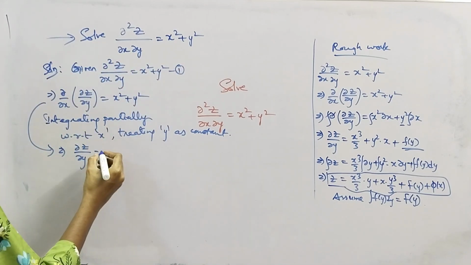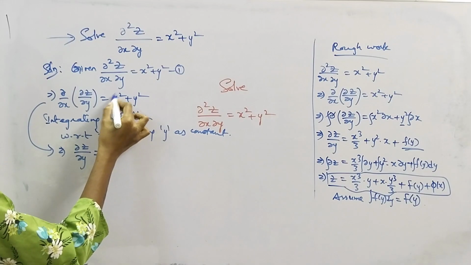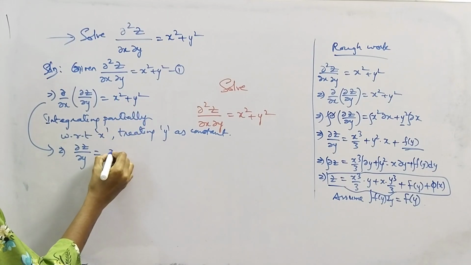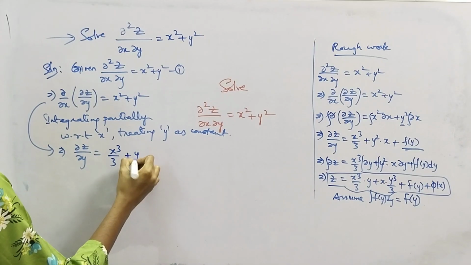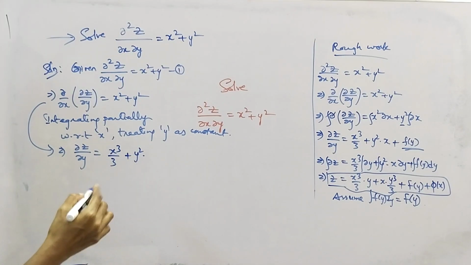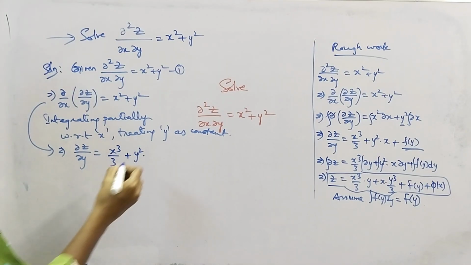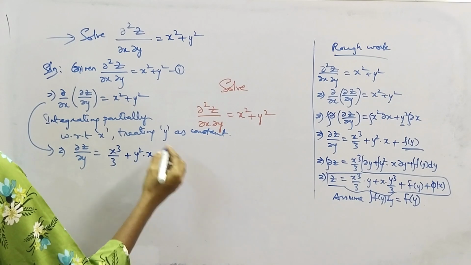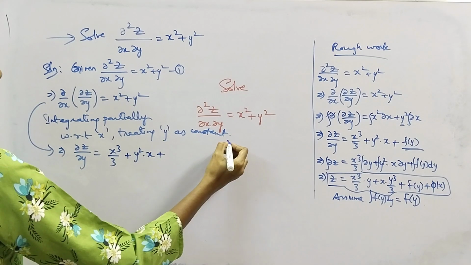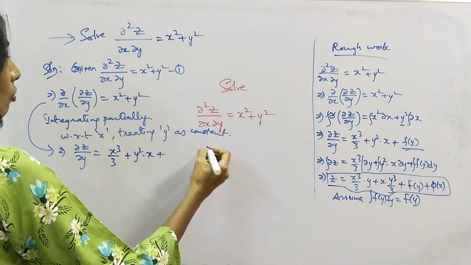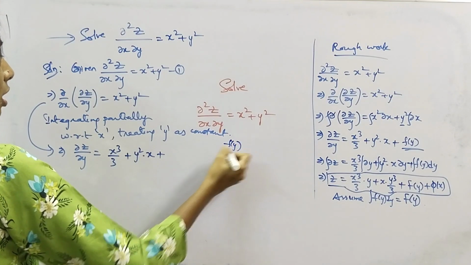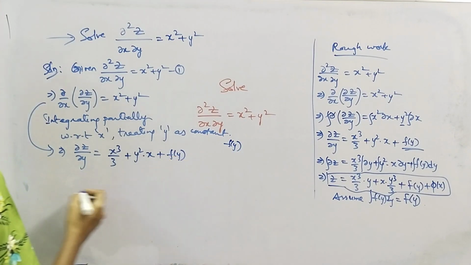This is equal to the integral of x² with respect to x, which is x³/3, plus y² is treated as constant, so the integral of y² with respect to x is y² times x, plus, since we are treating y as constant, a constant of integration which is a function of y, say f(y).